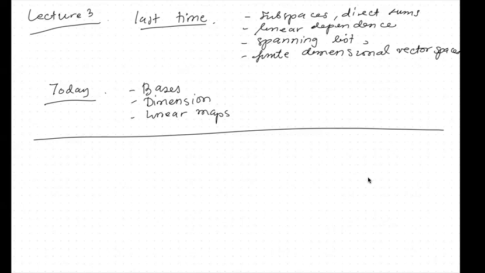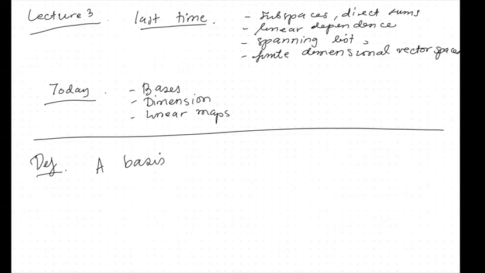Let us start. So what is a basis? Last time we have the notion of linear independence, and then we have the notion of a spanning list or a spanning set. Now we define basis.